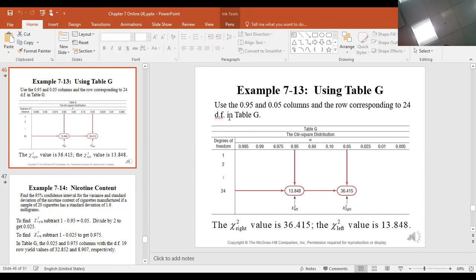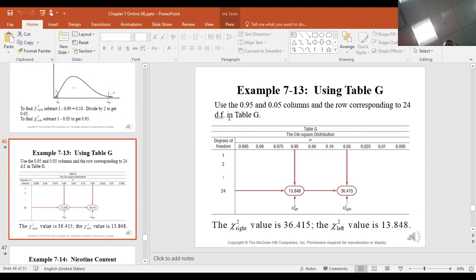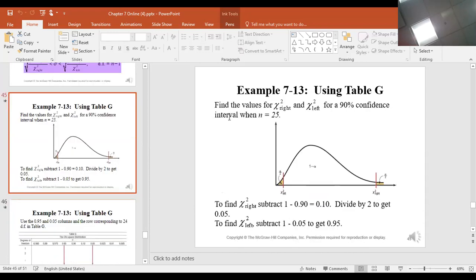So for alpha, in this example, let me write it on the board. C equals 90%. What will be alpha?